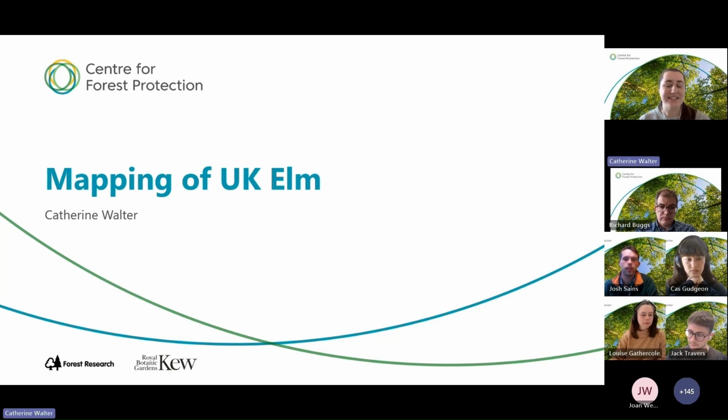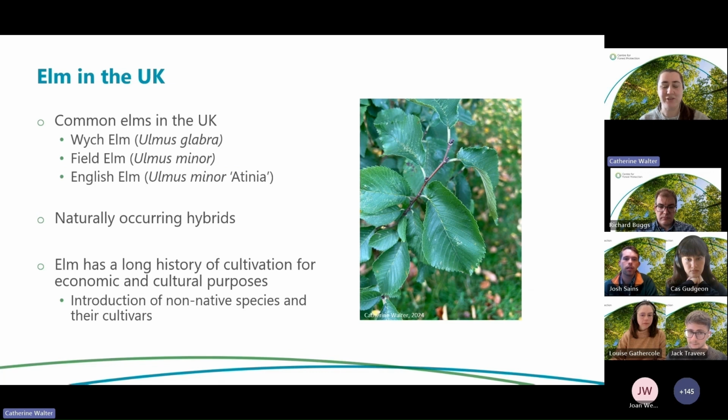To start with, I'm going to give a quick overview of all the different elms that can be found in the UK. We have the most commonly found elms, which are the native wych elm, field elm, and English elm. Then these two species, Ulmus glabra and Ulmus minor, naturally form hybrids in areas where their range overlaps.